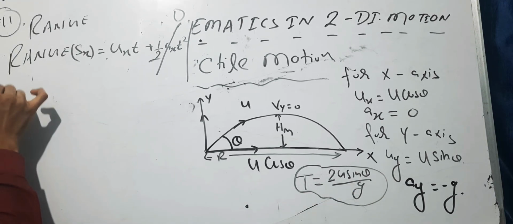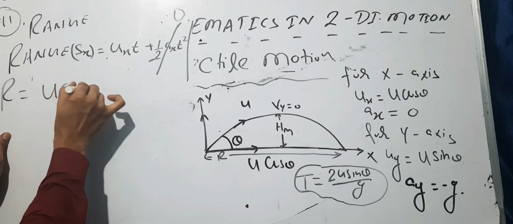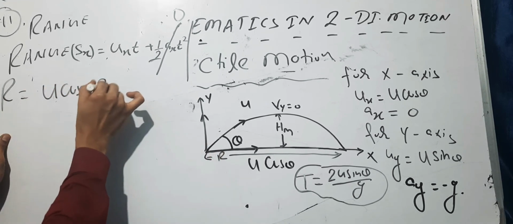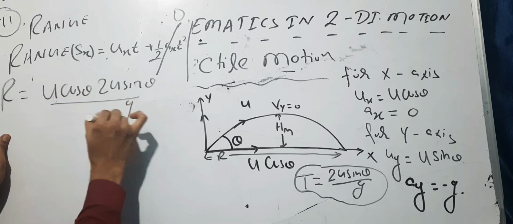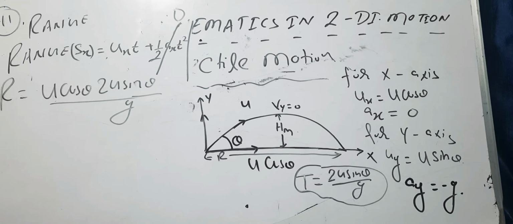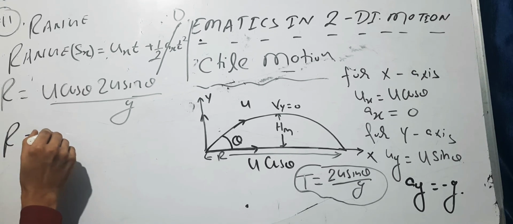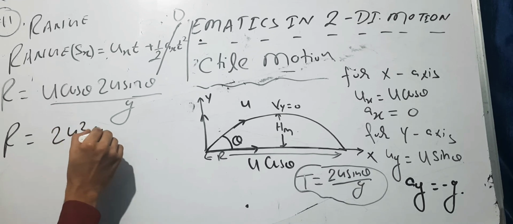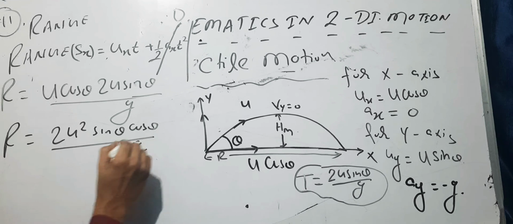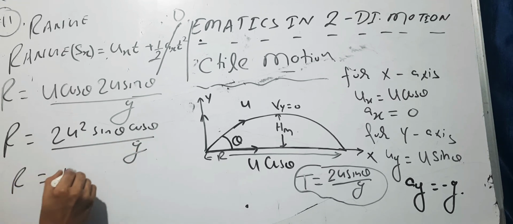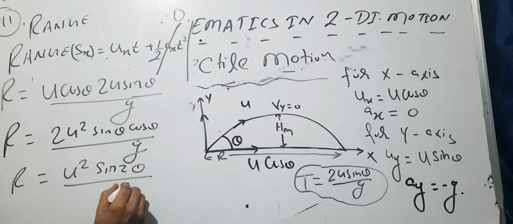So range is equal to ux, that is u cos theta, times 2u sin theta upon g, right students? So range is equal to 2u square sin theta cos theta upon g. So range is basically u square sin 2 theta upon g.